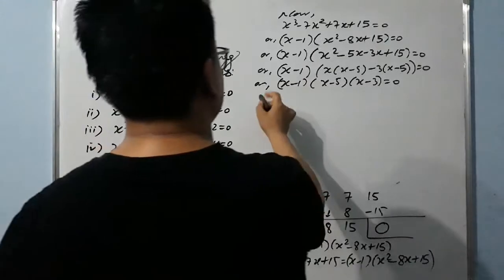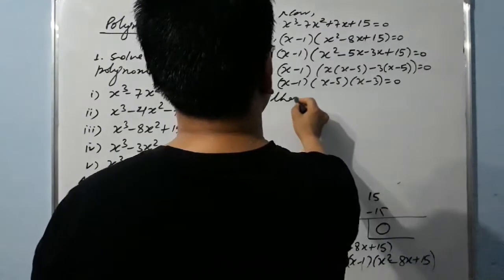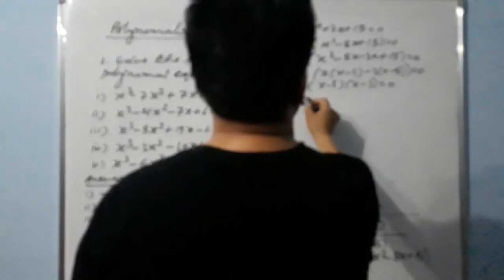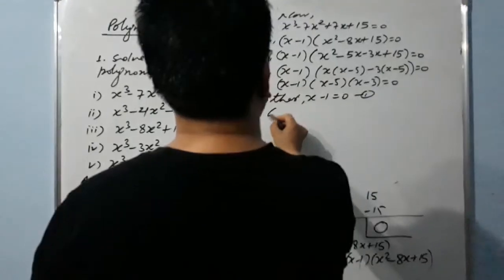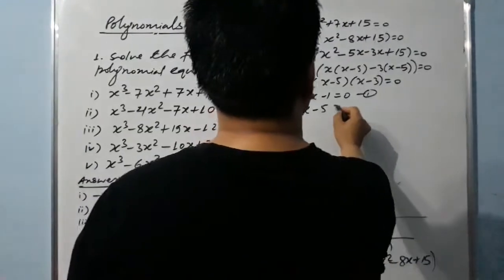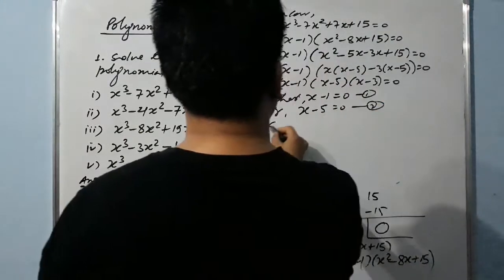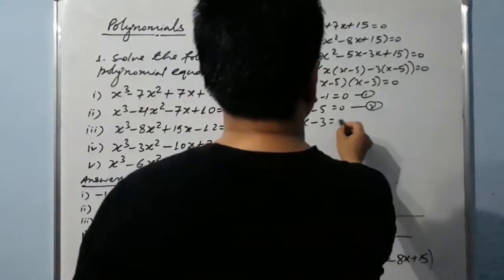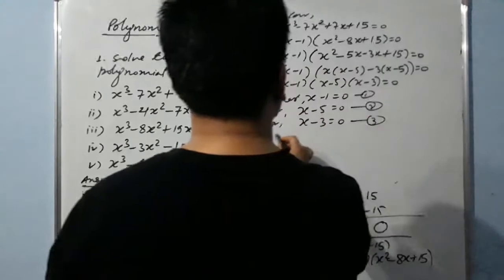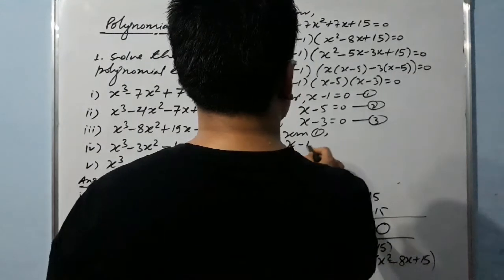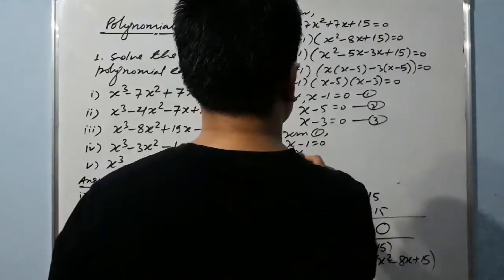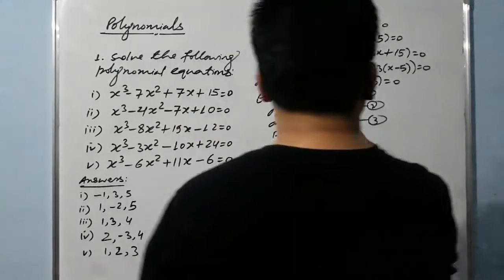Now you may write here, it's very simple: either x minus 1 is equal to 0, one number, or x minus 5 is equal to 0, two number, or x minus 3 is equal to 0, three number. From 1, x minus 1 is equal to 0 implies x is equal to 1.